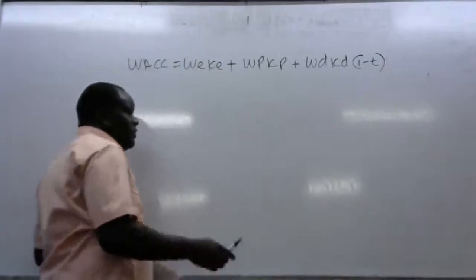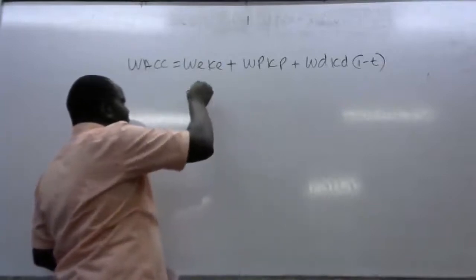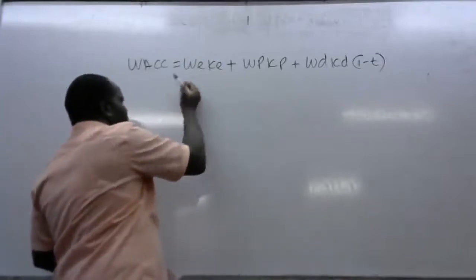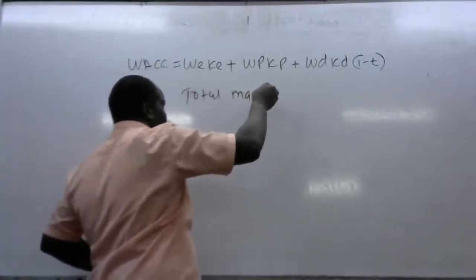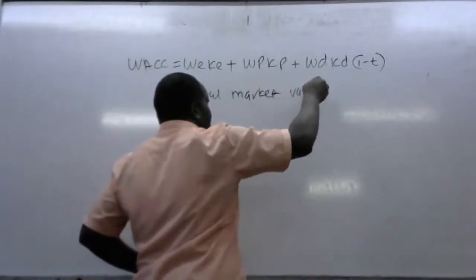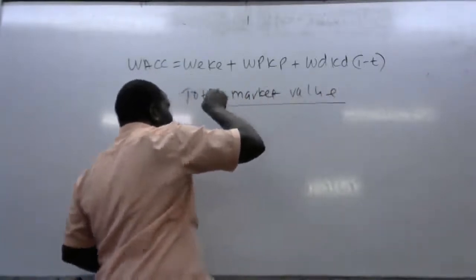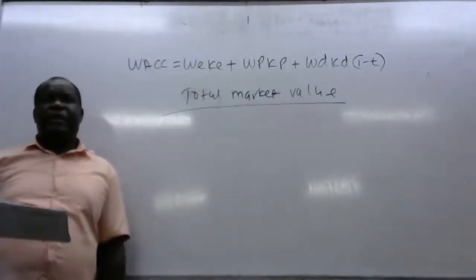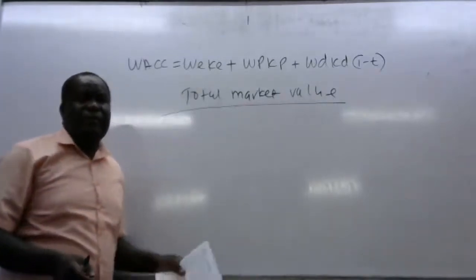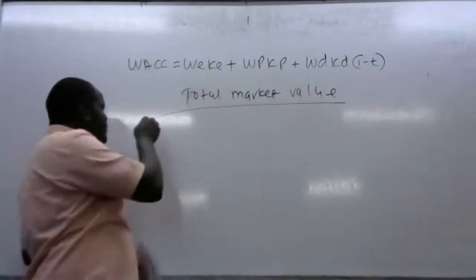So we use the total market value. Under the total market value, we start with the one for equity.